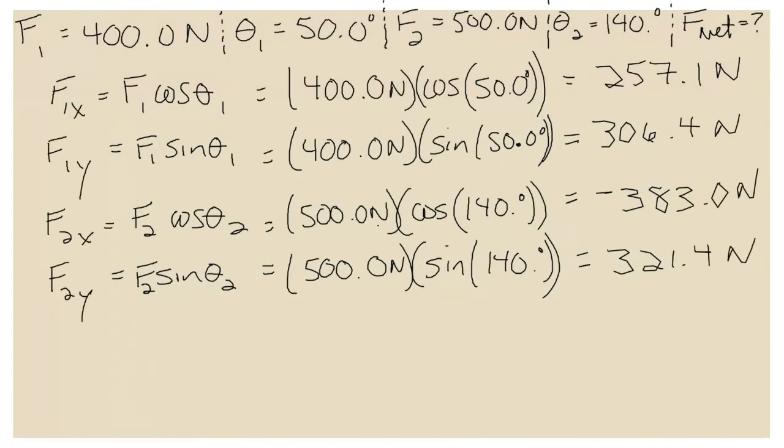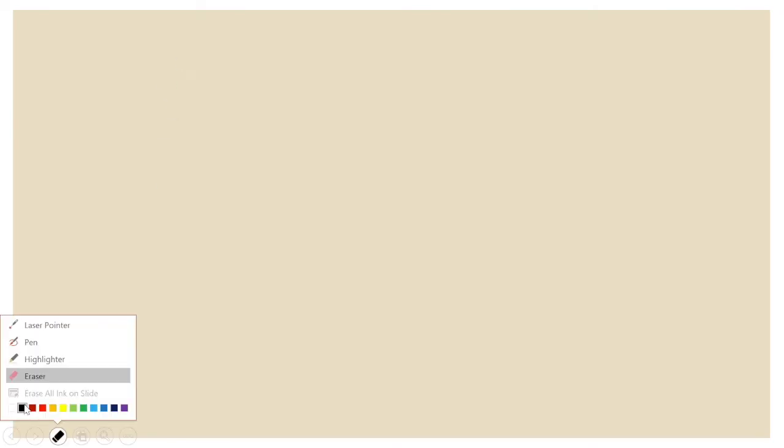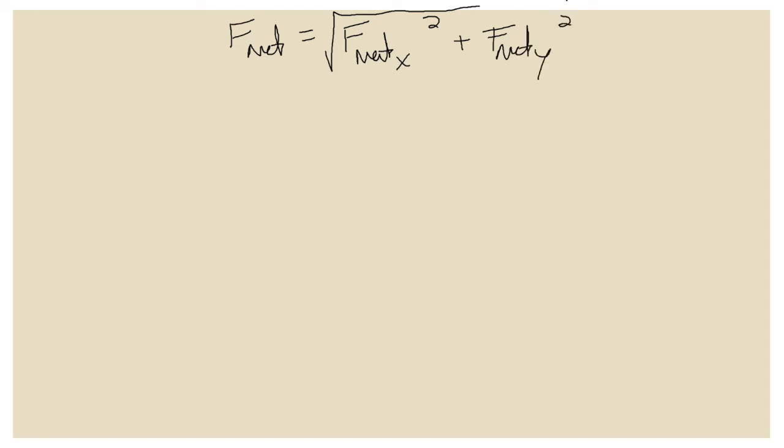And so how much that is, and how much up and to the left that is, is what steps 4 and 5 are for. Step 4 on that list of steps was to find the actual magnitude of the resultant. The equation we'll use for that is F net equals the square root of F net x squared plus F net y squared.